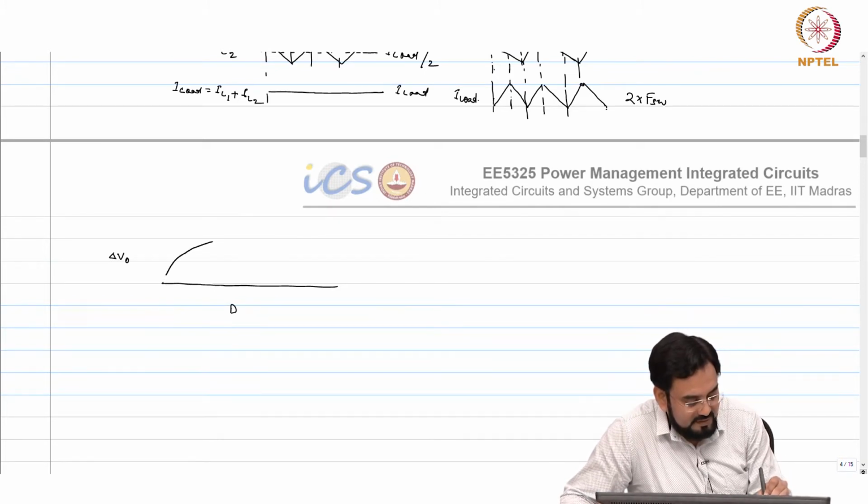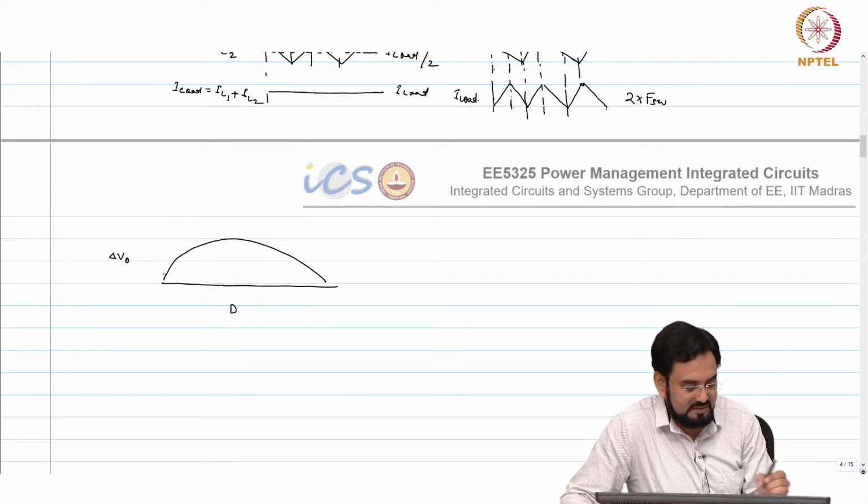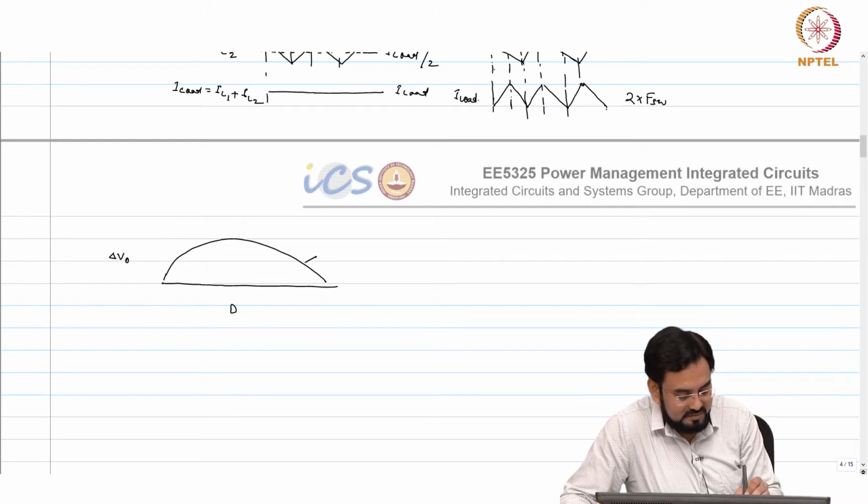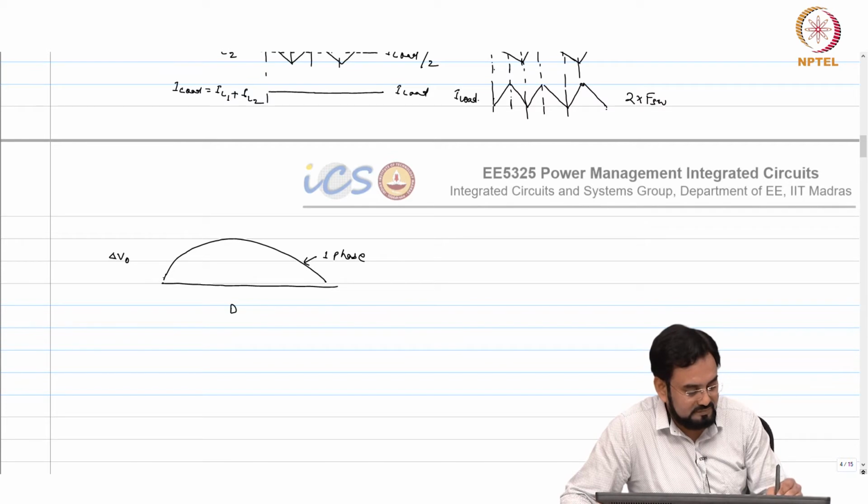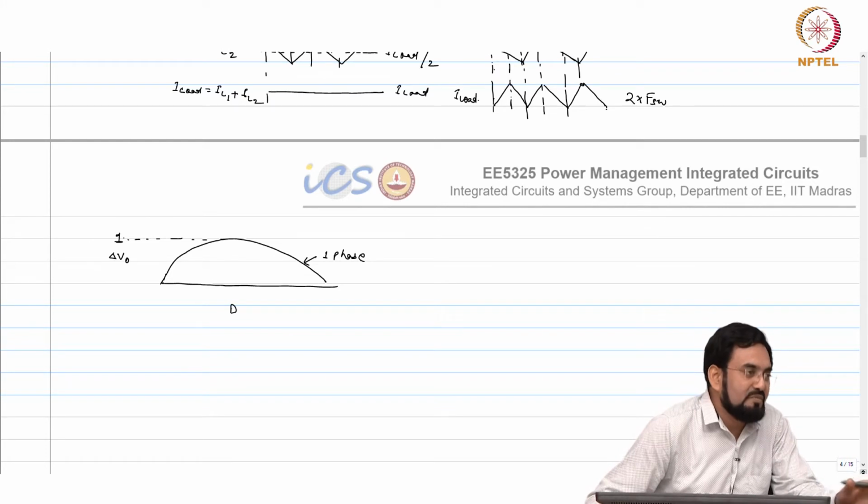We know that this was the profile for single phase. If, let me give us some, if this is 1 means it's normalized to some value, okay.